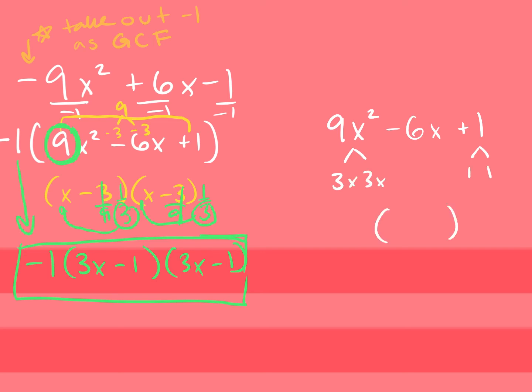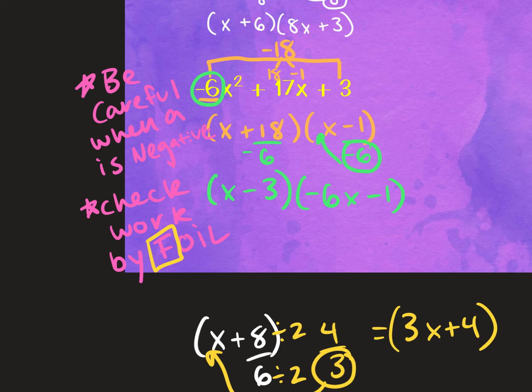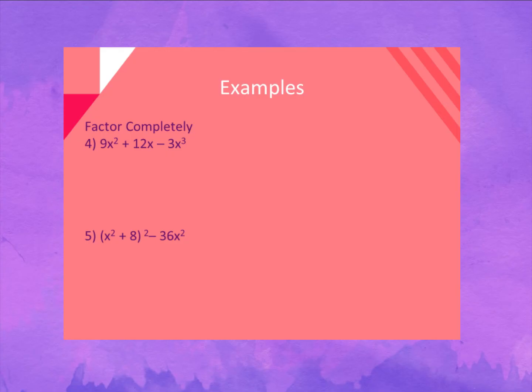So in my parentheses, squared would have been 3x minus, because I have a minus in the middle, 1. Which is the same thing that I got here, it's just written twice. So these are the same. All right, next page.